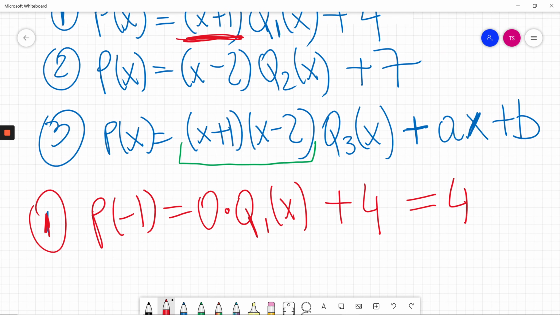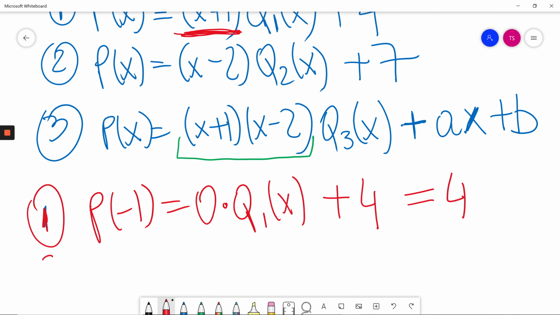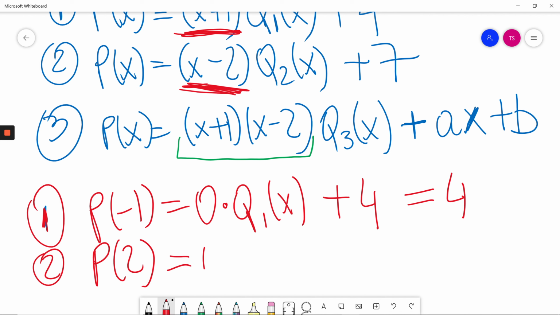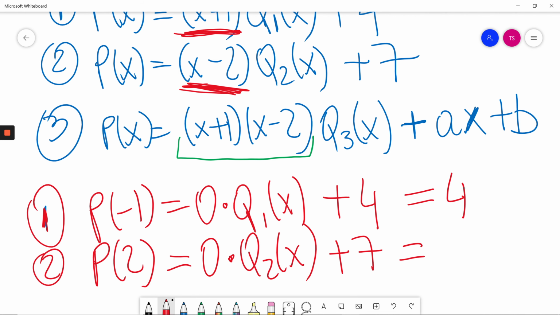What else I know? I can write similarly, number 2, p of 2, 2 minus 2, this moment is 0. So I can write slowly 0 times q2 of x plus 7, so that is equal 7.